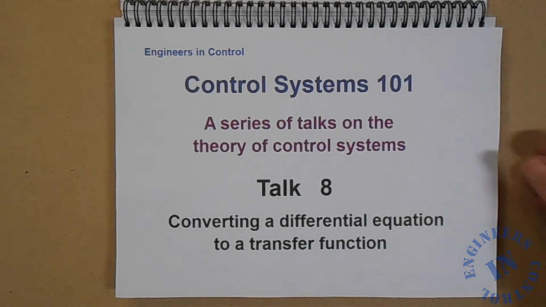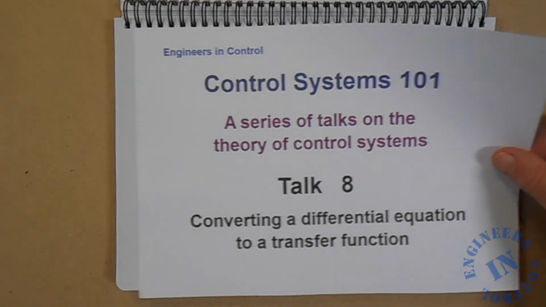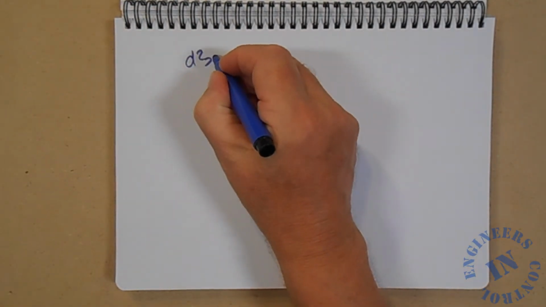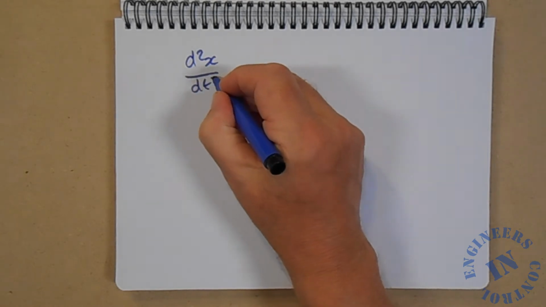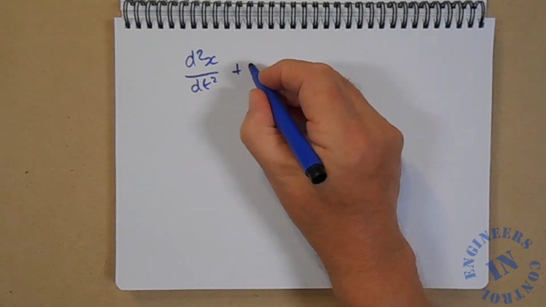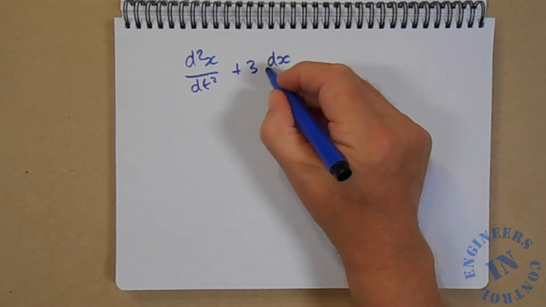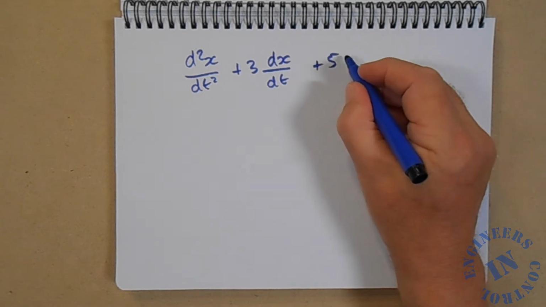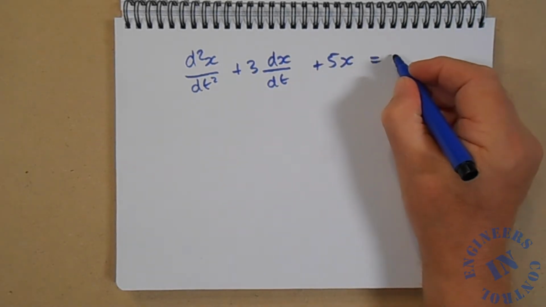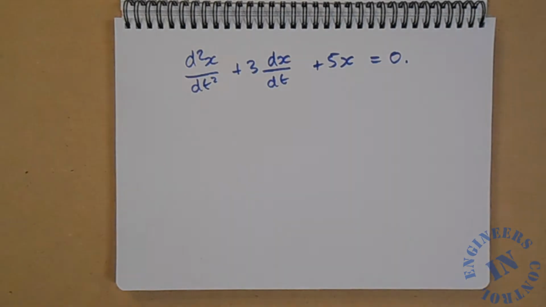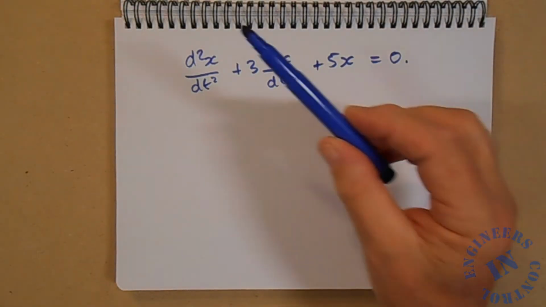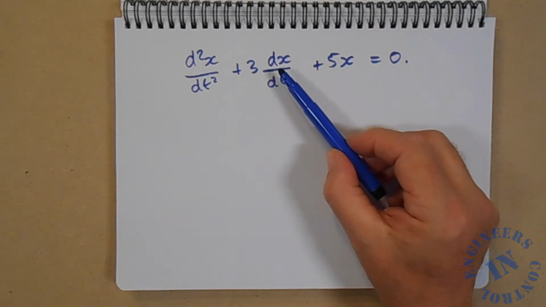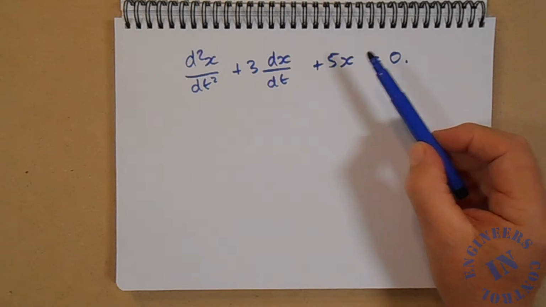Let us start with a simple second order differential equation like this. d2x by dt squared plus 3 dx by dt plus 5x equals 0. All we do is we simply substitute s squared for this, s for that, a 1 for that.